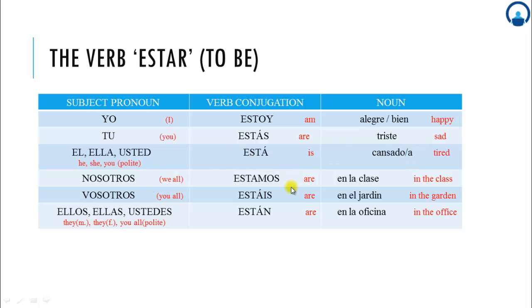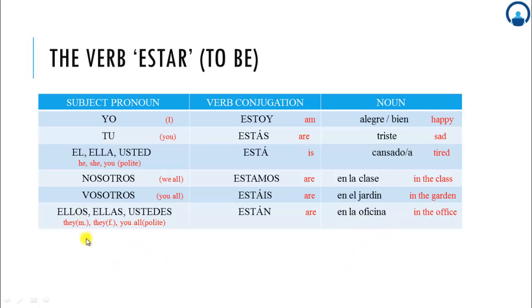Nosotros estamos en la clase. We all are in the class. Vosotros estáis en el jardín. You all are in the garden. Ellos, ellas, ustedes están en la oficina.